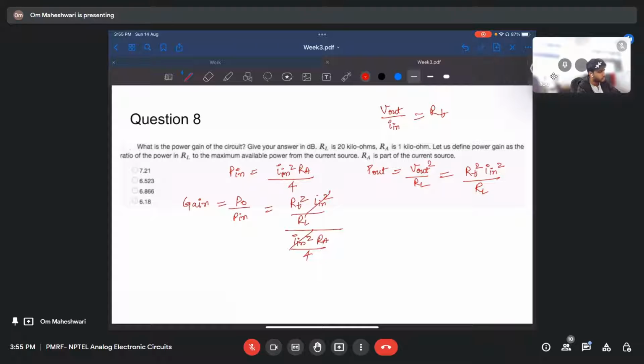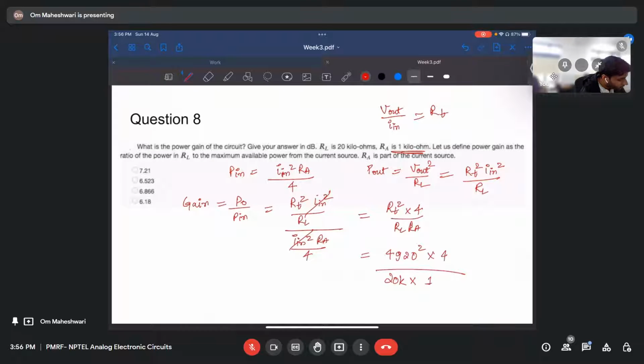I in square cancels, leaving RT square into 4 by RL RA. So RT we know is 4920, square, into 4, by RL which is 20K, and RA, which is 1K. This will give me 4.86.